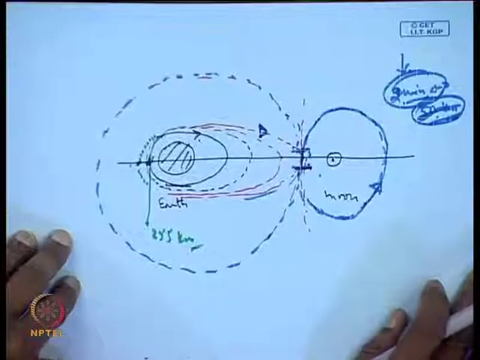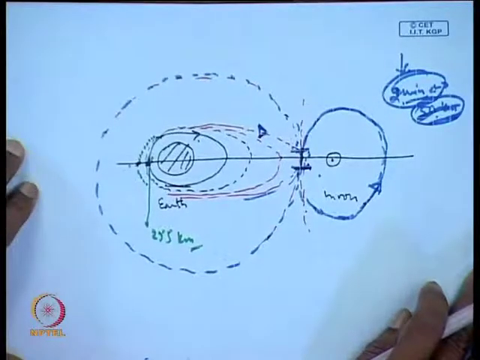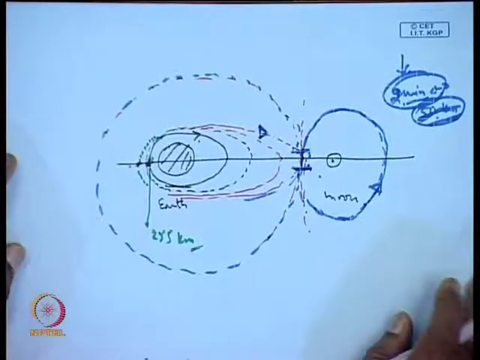Orbit determination we have already done, that kind of orbit determination problem we did. There you required the exact values of the position and the velocity, that is, the position and velocity coordinates are required. Then you can find out in which orbit it is moving, where its location is with respect to the earth and with respect to the moon.